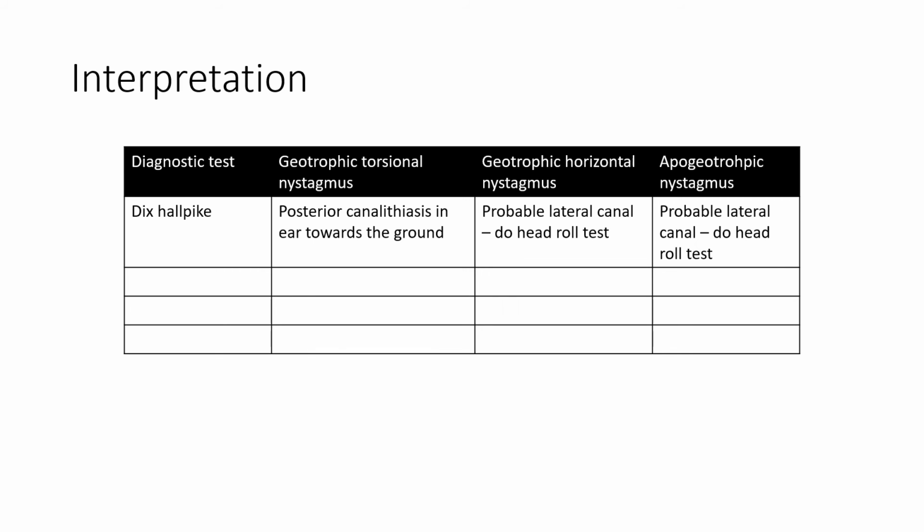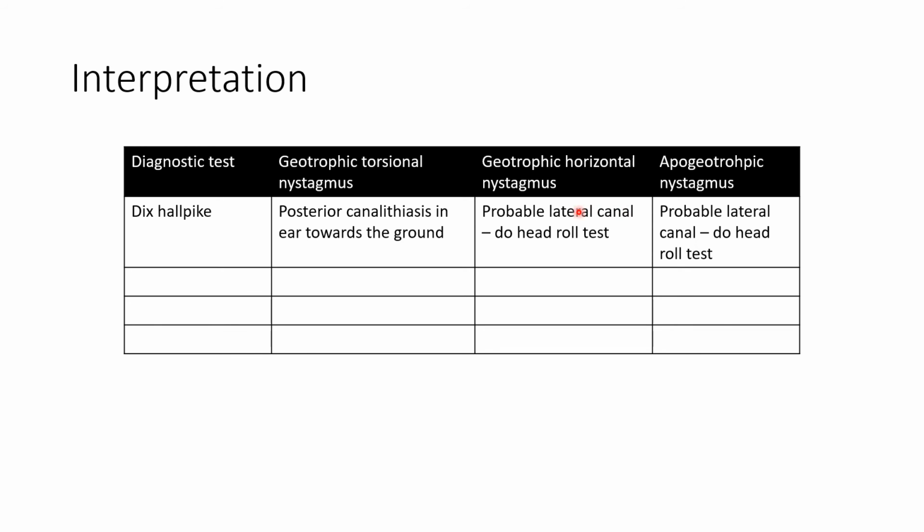And when I lean them back, extending their head over the bed 30 degrees, then I'll look at their nystagmus, and I'll see that they have a torsional nystagmus that is going towards the ground, with the fast phase of the nystagmus going towards the ground, meaning that it's a geotropic nystagmus. And then I would like to see that it dissipates after at least 60 seconds. And if that is the case, then I'll do the EPLEY right away.